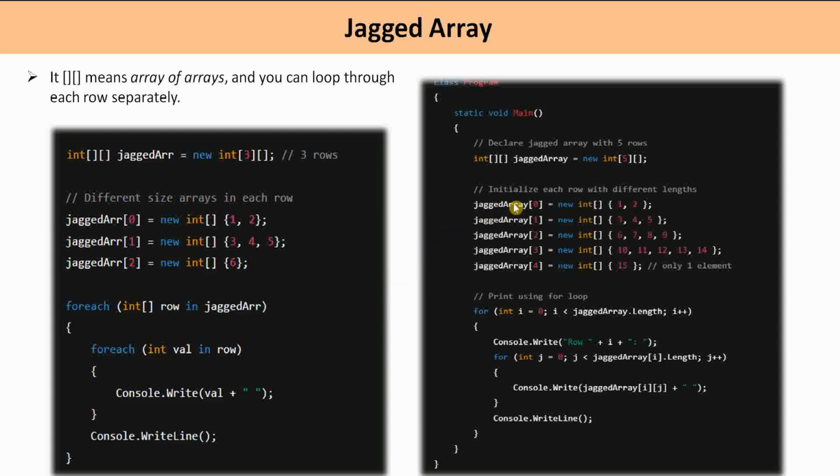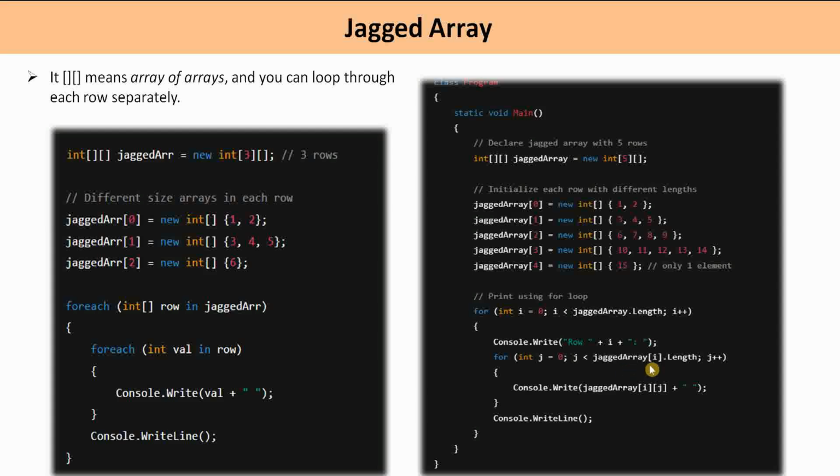Next we have a second example where we initialize 5 rows with different element sizes. Here we use a for loop; according to our requirement we can use a for loop or foreach loop. Here we set the length of the jagged array, which is 5, and then we use a second loop because it iterates row by row.